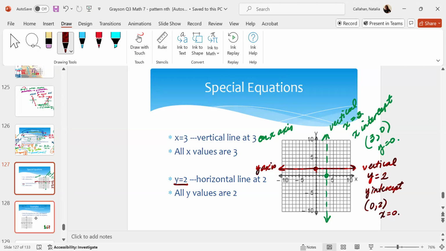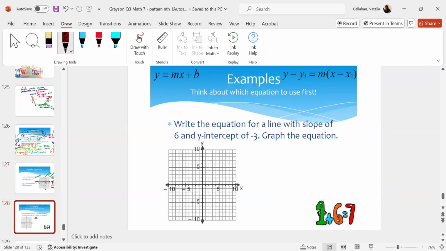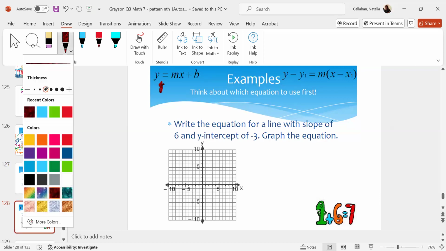Okay. Next one. Read it, please. Write the equation for the line with the slope of 6 and y-intercept of 3. Graph the equation. Okay, so this is called the y-intercept. You need to come over and label it with your pen.